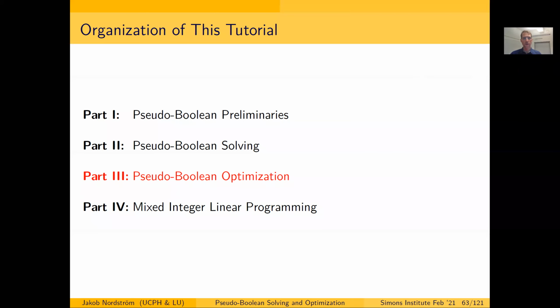In part 1, we learned what pseudo-Boolean constraints and pseudo-Boolean formulas are. Pseudo-Boolean formulas are collections of 0-1 integer linear inequalities. In pseudo-Boolean solving, you want to determine whether such a collection of inequalities is satisfiable, is feasible or not.